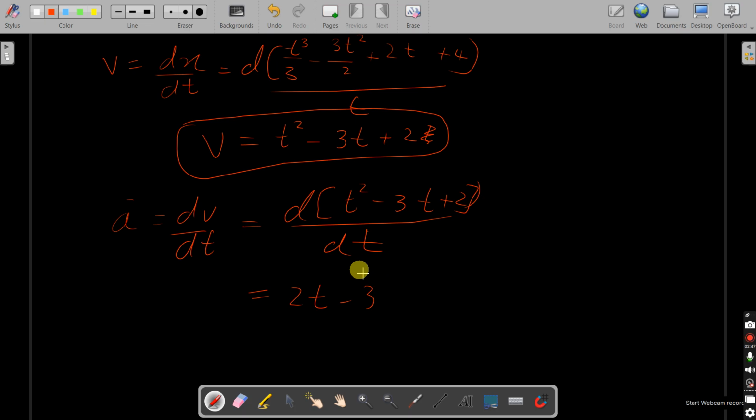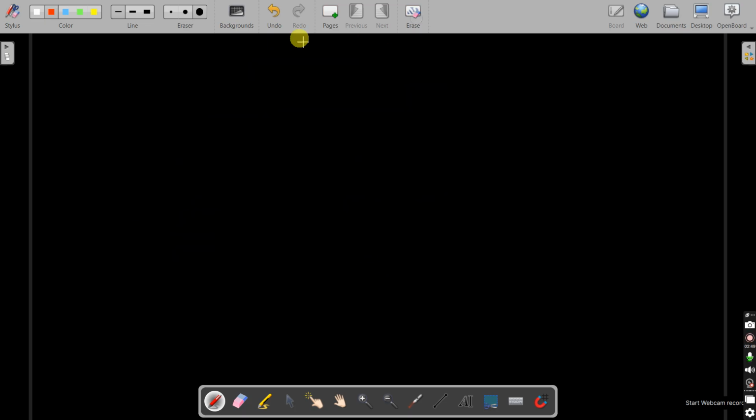So the third sub-question, the C sub-question, is we have to find the time when the particle is taking turn. So in 1D motion, as there is only one axis which is x, the particle cannot take turn like from here to here or here to here or here to here.